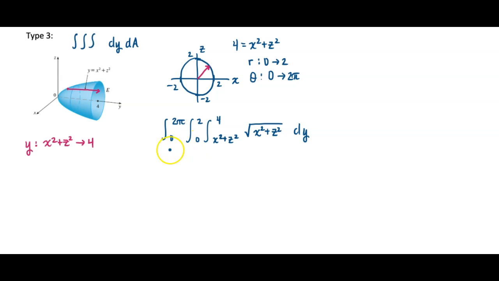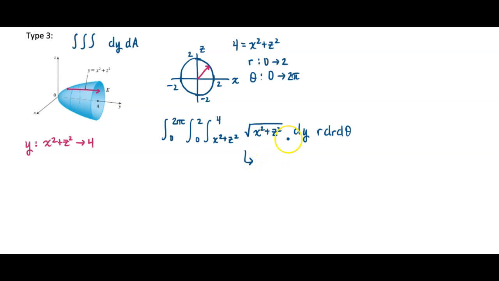And then because these two are in polar, I have r dr d theta. So we're starting in rectangular and then switching to polar. So starting in rectangular, great. I'm integrating with respect to y, not x or z, so that handles this issue I had earlier.